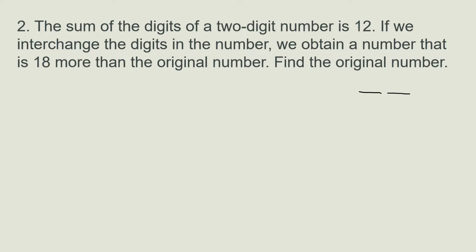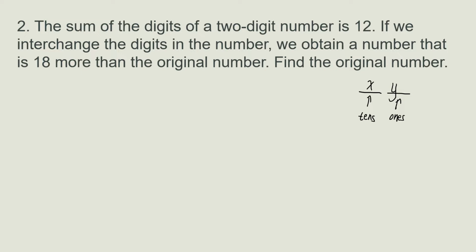We can use, for example, let's say this one is x and this is y. For us to describe these two digits, let's use their place value. Let's recall that this is the ones place value and this is the tens place value.